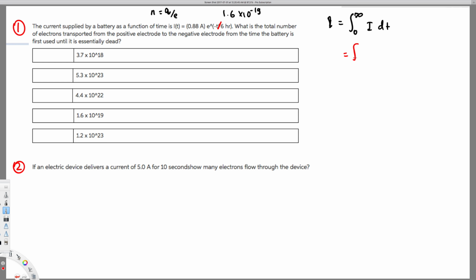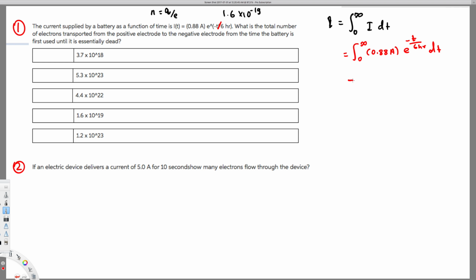So let's plug in all the values. This is going from 0 to infinity, and the function of I is 0.88 ampere times e to the power of negative t divided by 6 hours, dt. Since we have 6 in hours, we have to convert it into seconds.